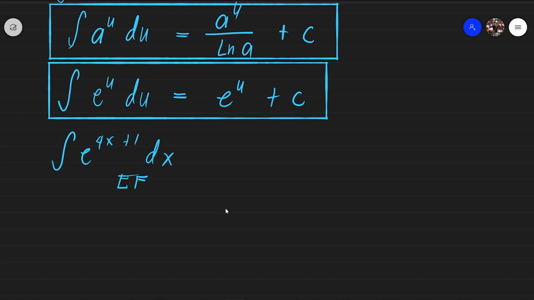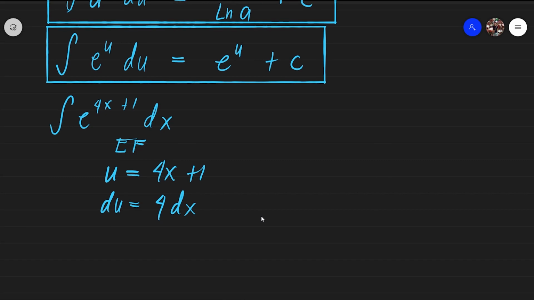You have to identify your u, because it says here e raised to u. Your u is equal to 4x plus 1, and your du is equal to 4 dx.